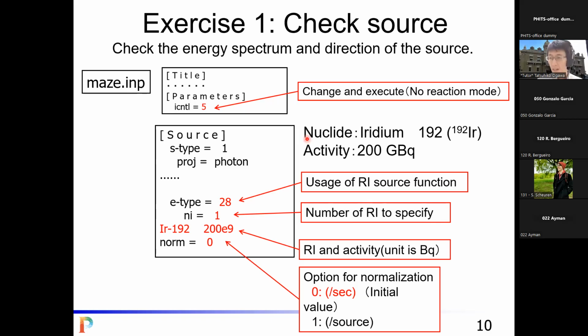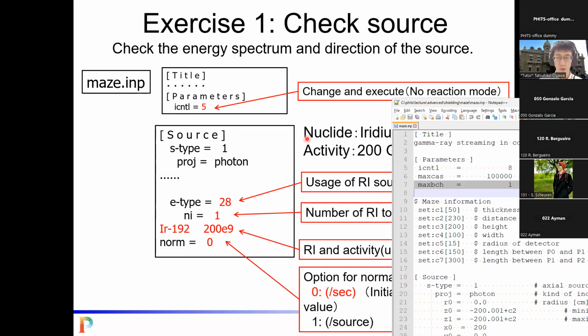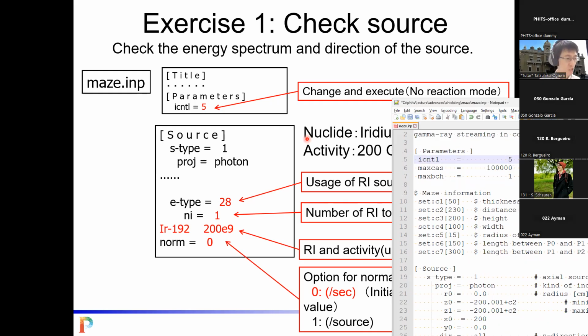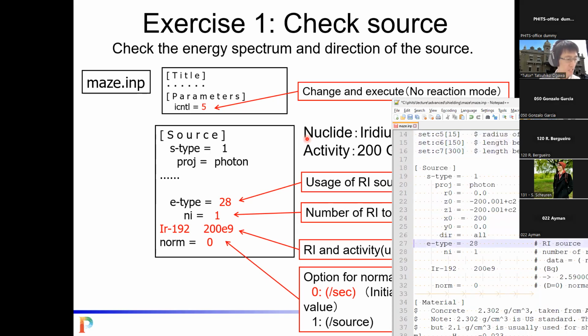All right. Just in case, if you are in trouble, let's do it together. Now it's time for the answer. In this exercise, we change icntl from 8 to 5. Scrolling down in this file, the source definition is like this.